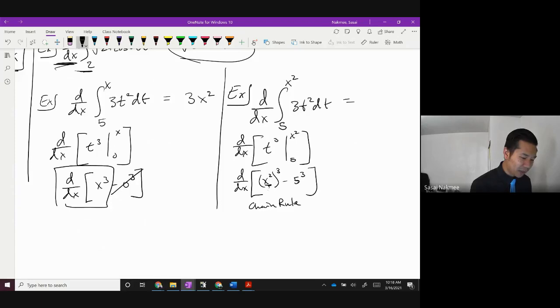So when I take the derivative of this, my inner function is x squared, so the derivative of x squared is 2x. My outer function is some stuff cubed. The derivative of some stuff cubed is 3 times that said stuff squared, which is x squared squared.